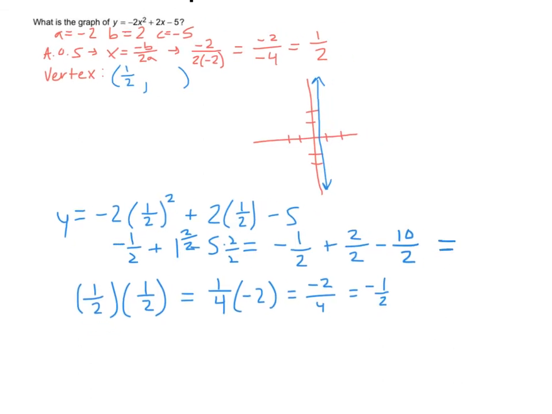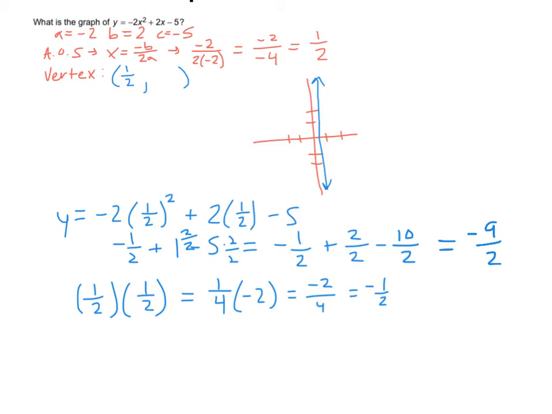So now we can add up all the numerators. So we have -1 plus 2 minus 10. What does that give us? What's -1 plus 2? 1.